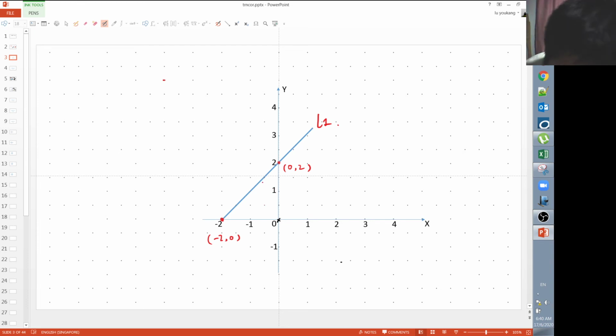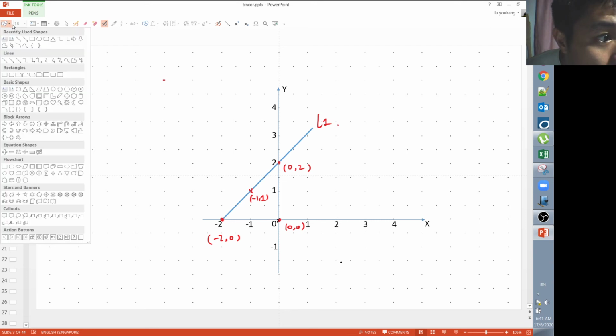Let me plot this point, which is my -1 and 1, and this point 0 and 0. So with these two points, I'm talking about this point here. Let me link up these 2 points.